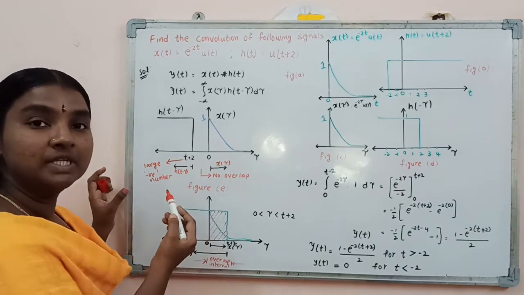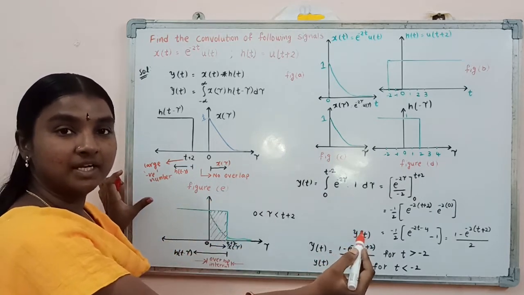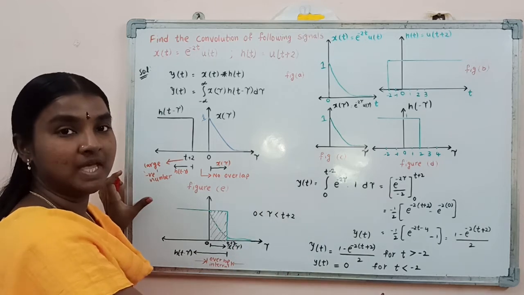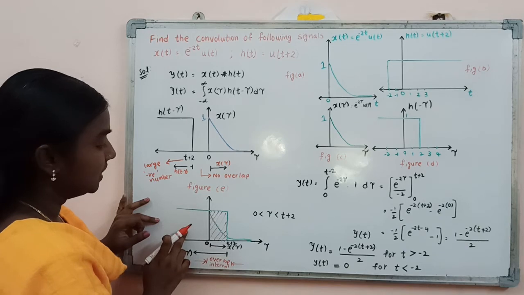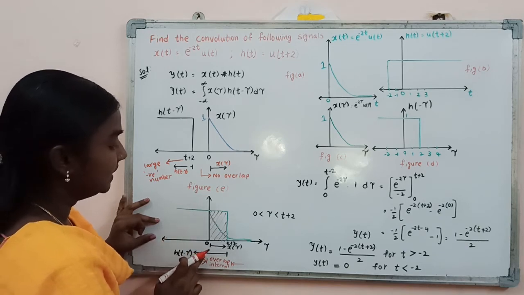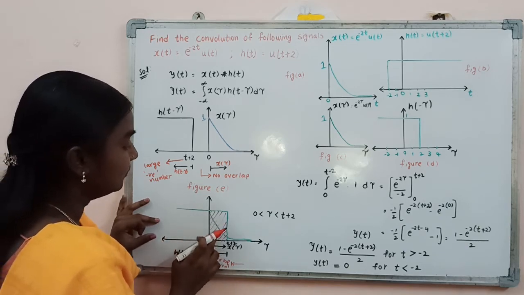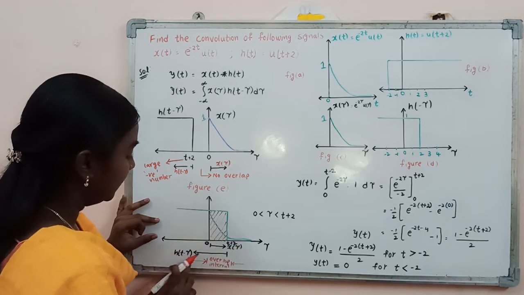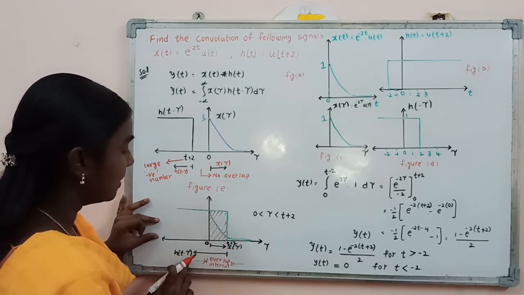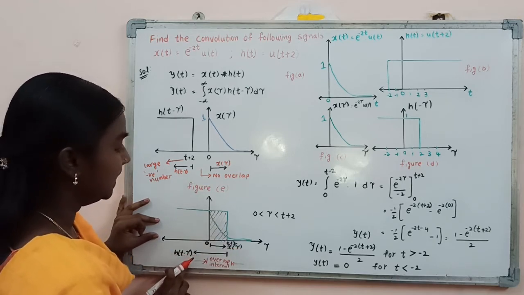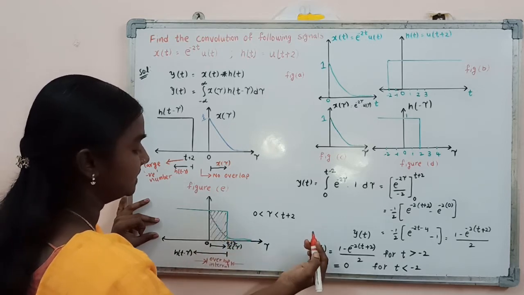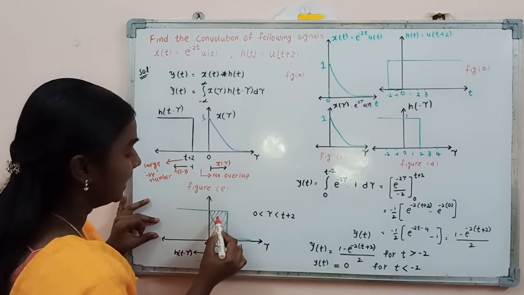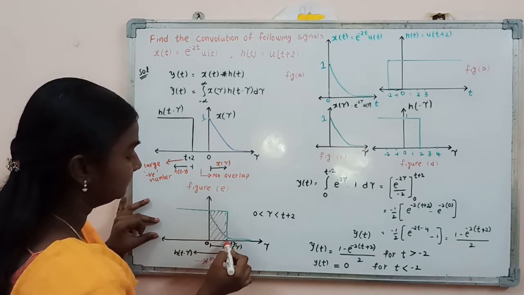We need to move it towards the right side, the positive side. This figure shows the overlap interval between the x of tau signal and the h of t minus tau signal. Here we shifted the h of t minus tau signal towards the right, so we find an overlap area.